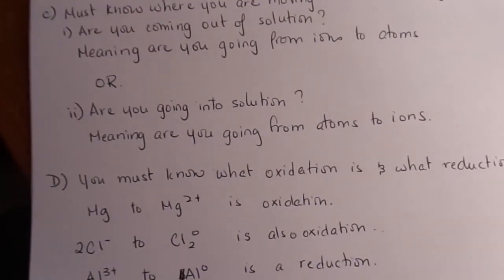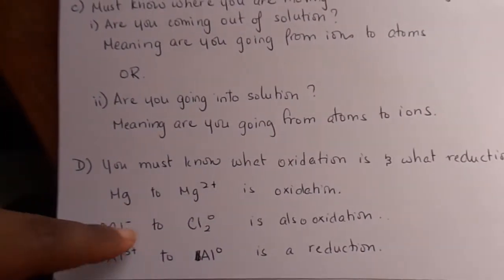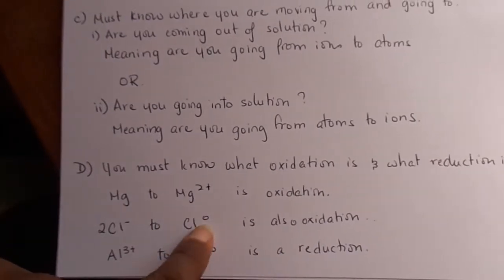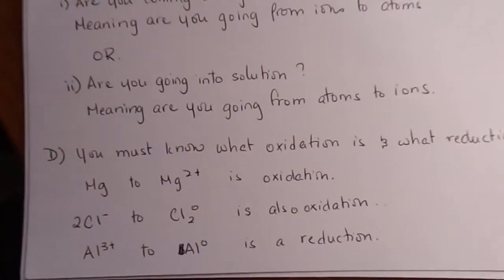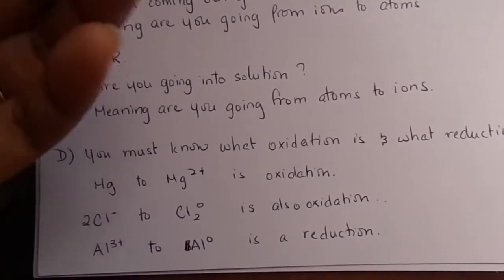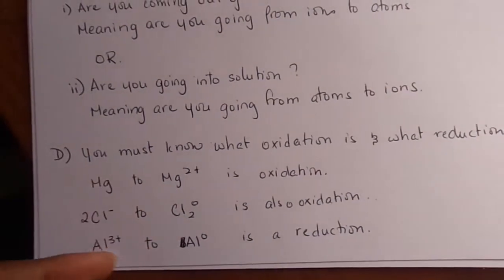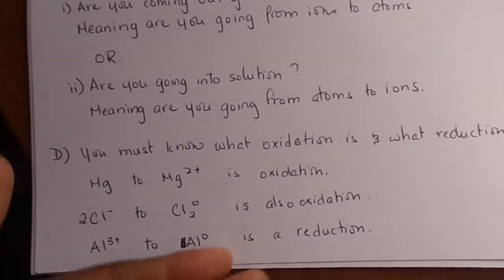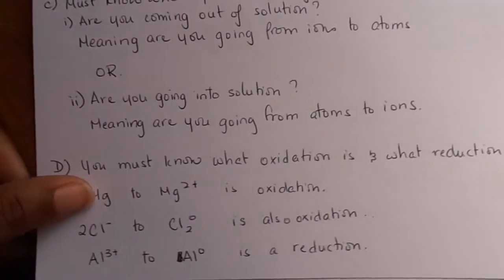You realize it's going from a negative to a 0, so it's going up, so it's oxidizing. Oxidation means to increase in oxidation state. And aluminum 3+ going to aluminum metal is known as a reduction.